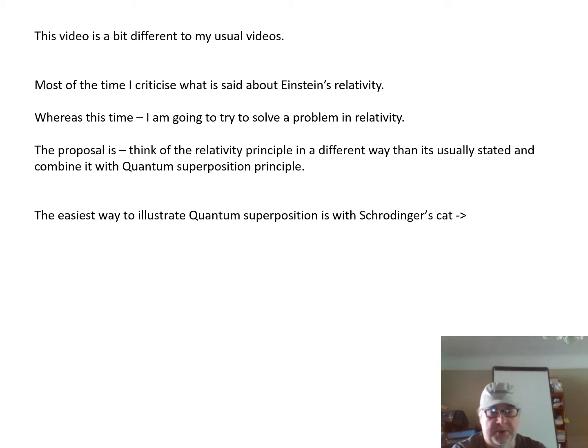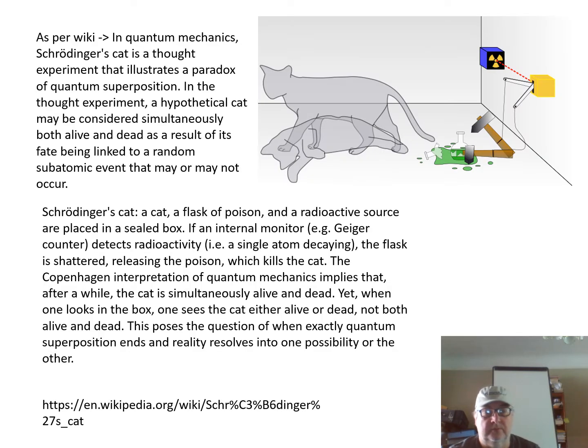the quantum superposition principle. The easiest way to illustrate quantum superposition is with Schrodinger's cat. Schrodinger's cat is a well-known paradox in physics, in quantum mechanics.